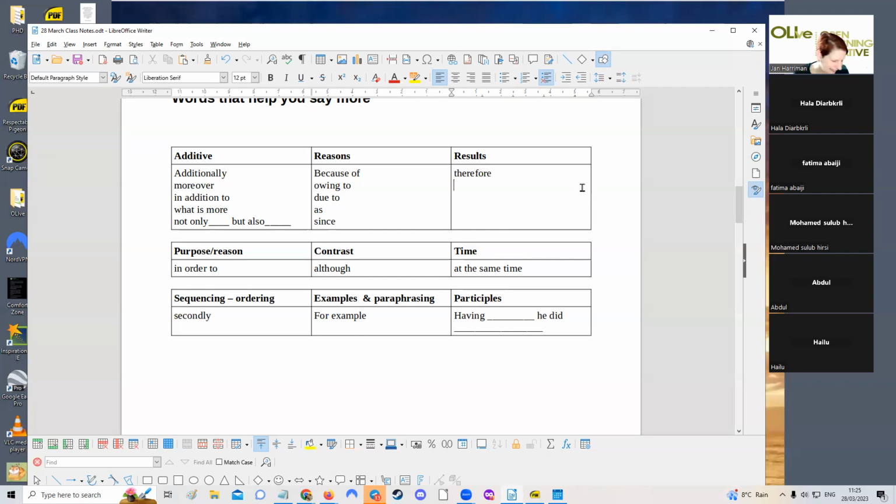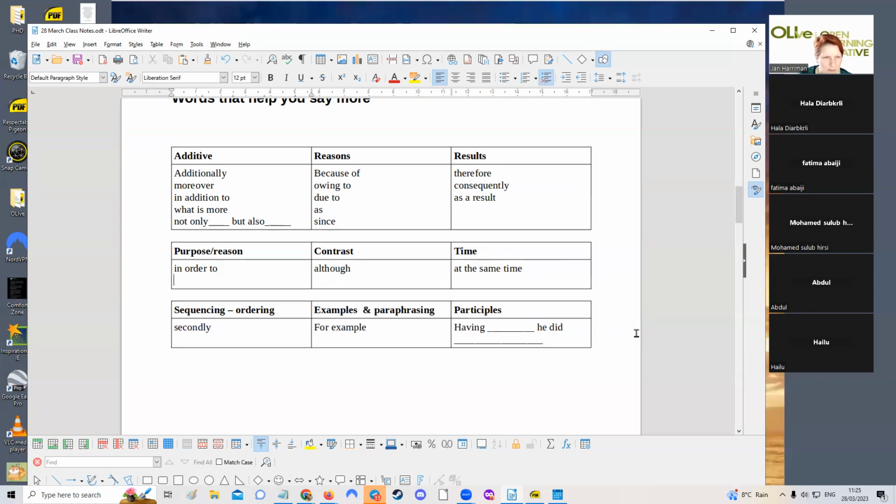So what are some other results words that you can think of? Consequently. Very good. As a result. Excellent. Very good. And that's all I've got on my list, but if we come up with some more, we can add some.